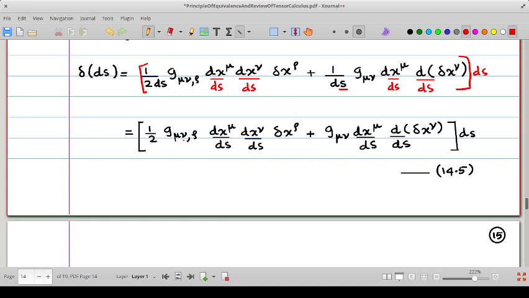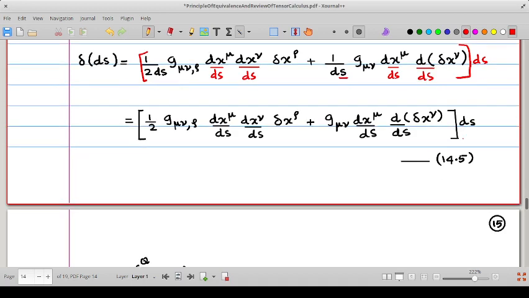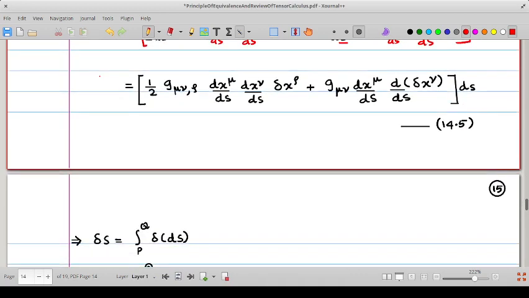So half g mu nu comma rho dx mu by ds dx nu by ds delta x rho, and g mu nu dx mu by ds d by ds of delta x nu, times ds. So this is the change in the infinitesimal interval.